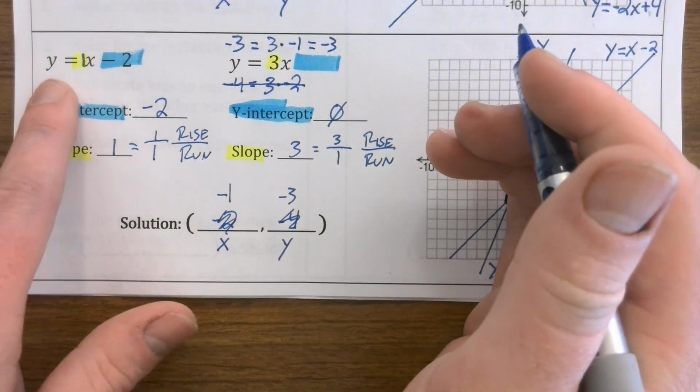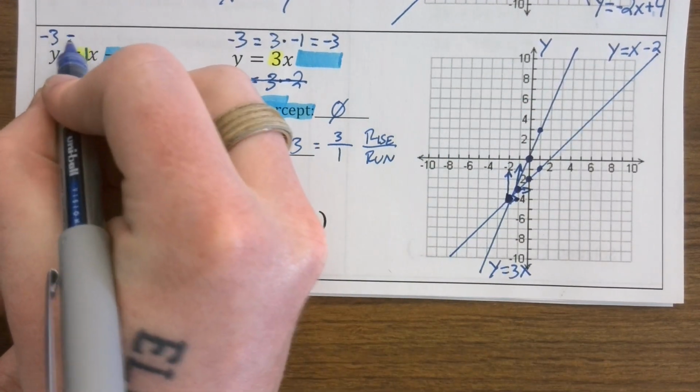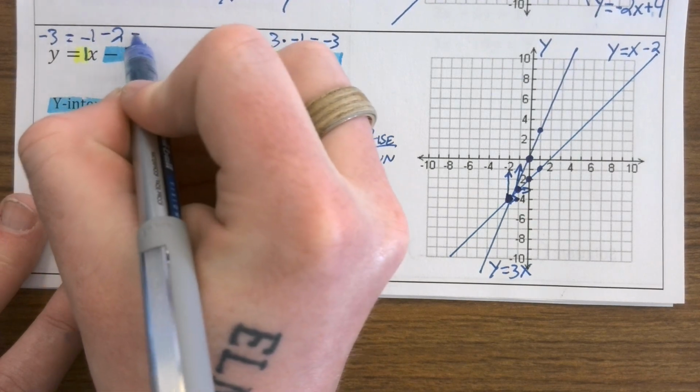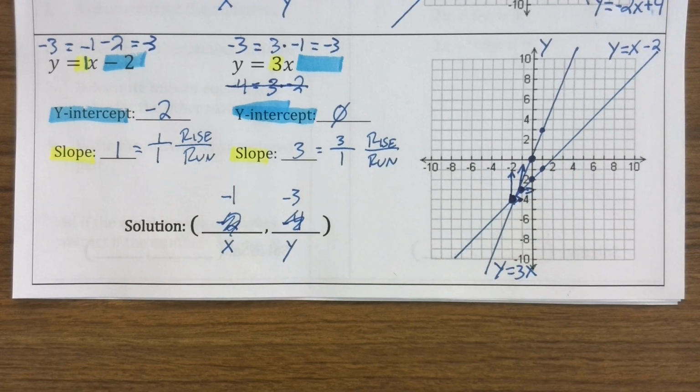If we plug in these values here, y equals -3 equals -1 minus 2. -1 minus 2 does give us -3, so this is true for both equations. You're going to go ahead and dive into your practice. Let me know if you have questions.